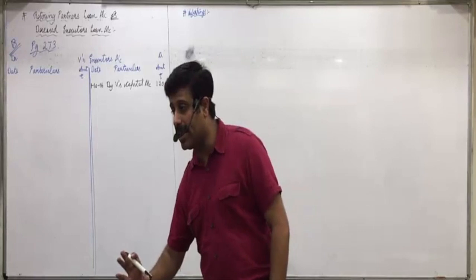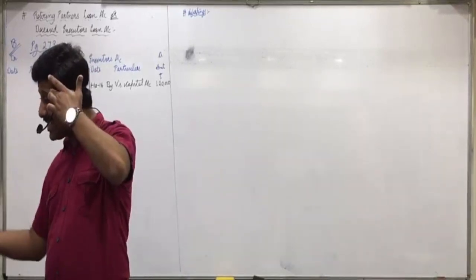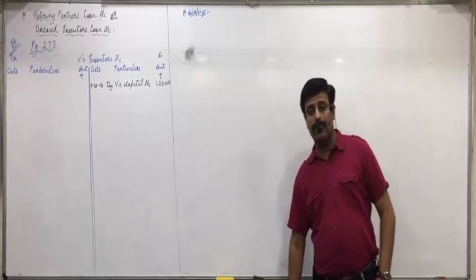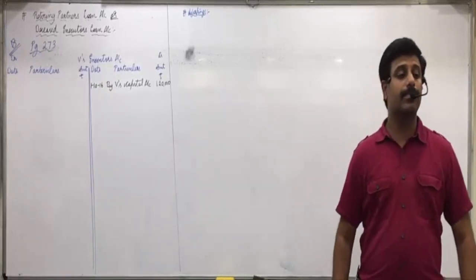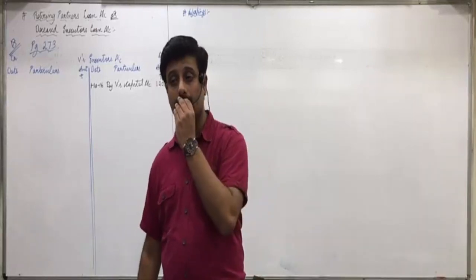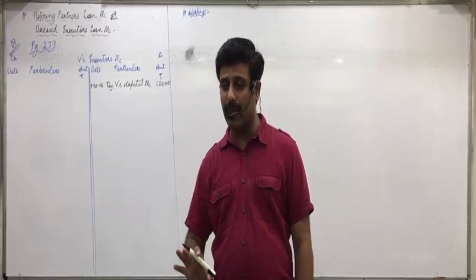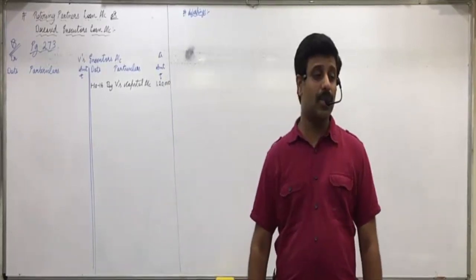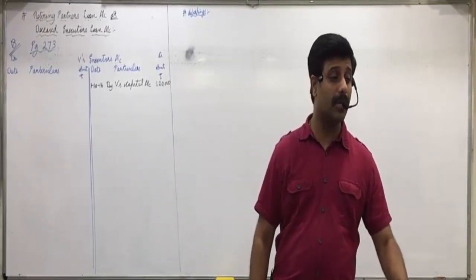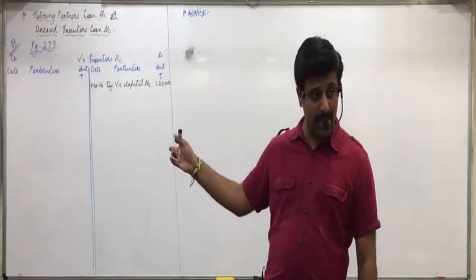How do you get that? 10,000 into 6 divided by 2, what is that? No, that's wrong. Renuka, just tell me the calculations. Rashid, what amount? 6,000. Directly 6,000 will come on the credit side.